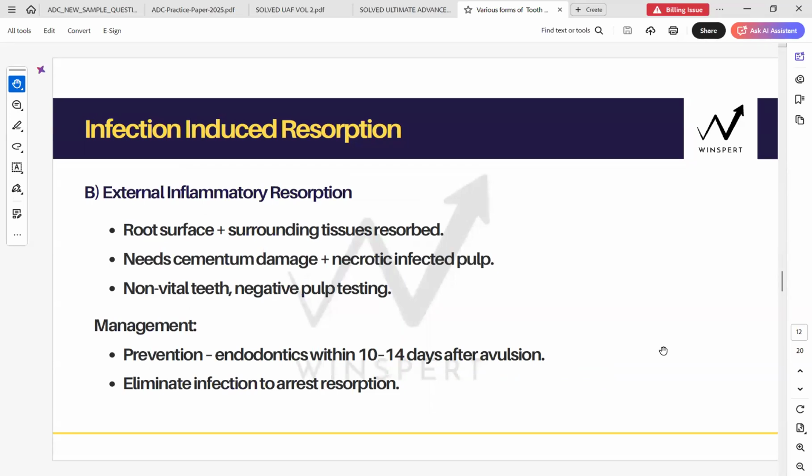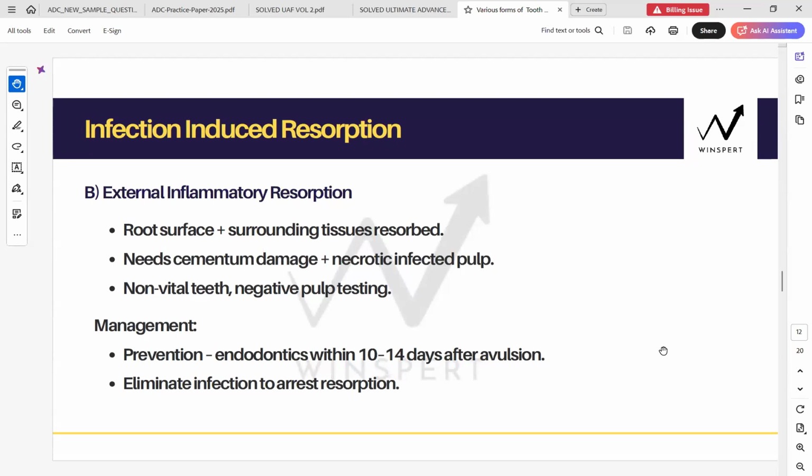Second kind of infection-induced resorption is external inflammatory resorption. Same reason, same etiology, infected pulp. Instead of getting resorption internally, it would happen on the root surface. Surrounding tissues like PDL and bone will also get resorbed here. Root, surrounding bone, both will show this kind of resorption, right?